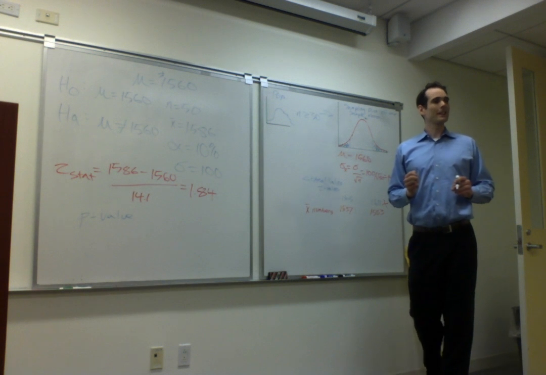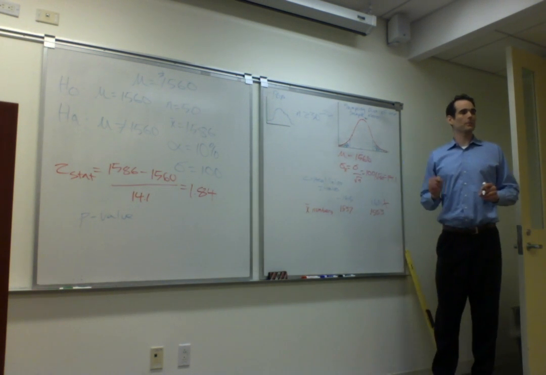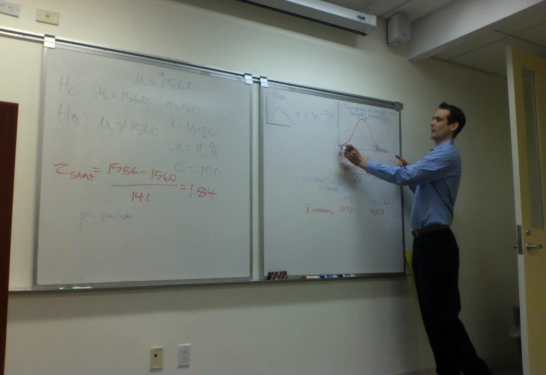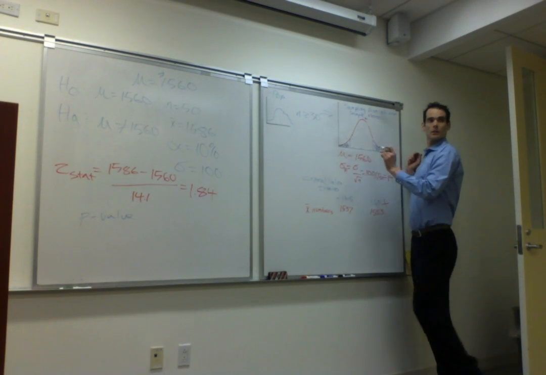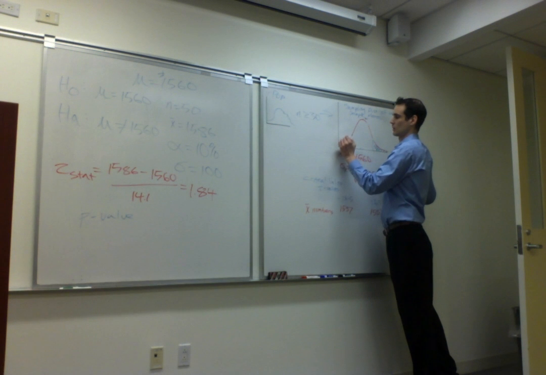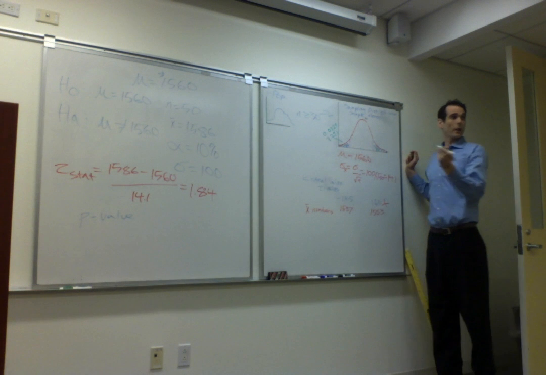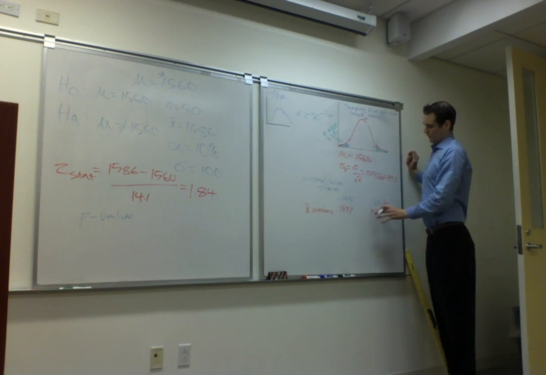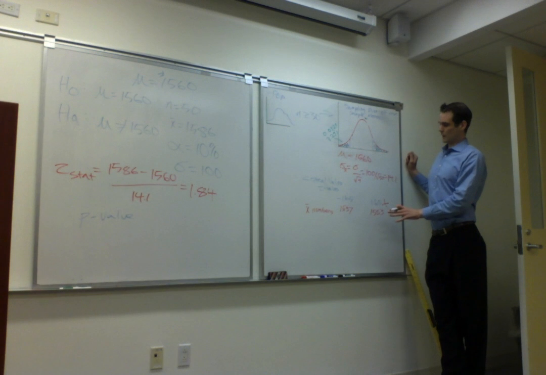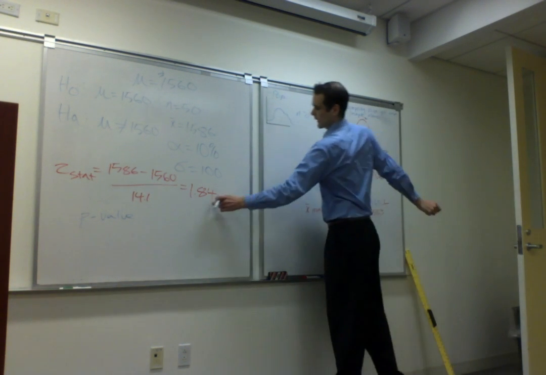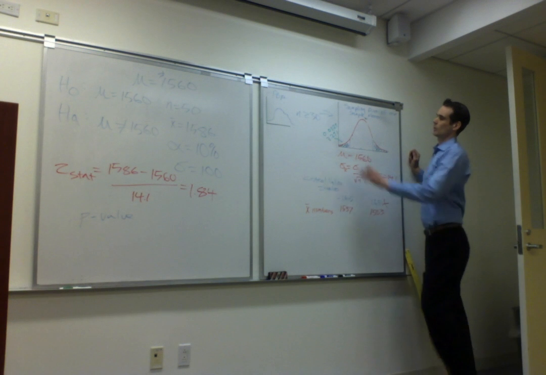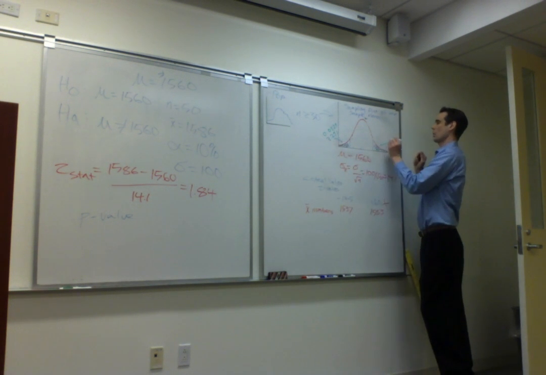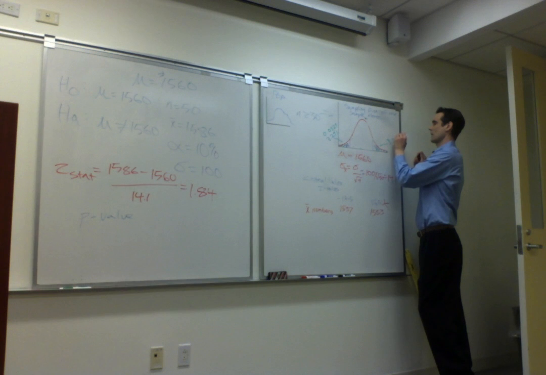You can do either negative 1.84 or positive 1.84 and tell me how much data is in that extreme tail. 3.29%. Or, Amanda, you were saying 0.0329, right? Yeah. Okay, so the exact probability of getting something this extreme in either direction is 3.29% on this side or 3.29% on this side.